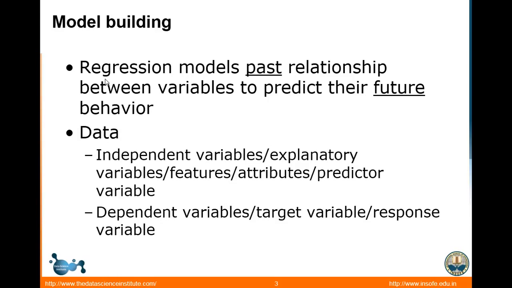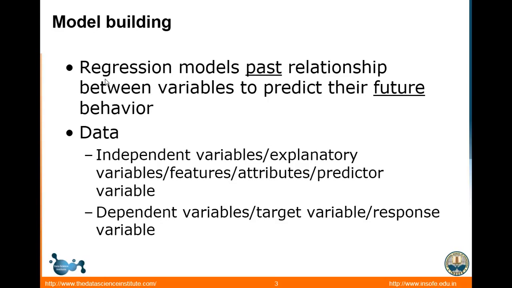Independent variables are also called explanatory variables, features, attributes or predictor variables. All these terms mean the same. And dependent variable, target variable or response variable mean the same. So these terms are interchangeably used in literature.